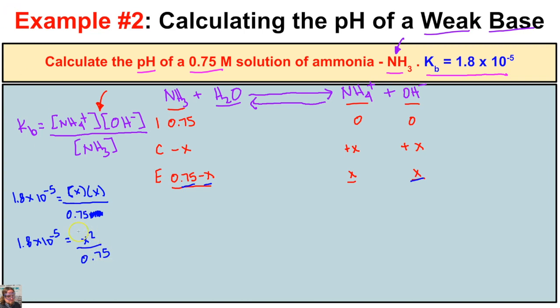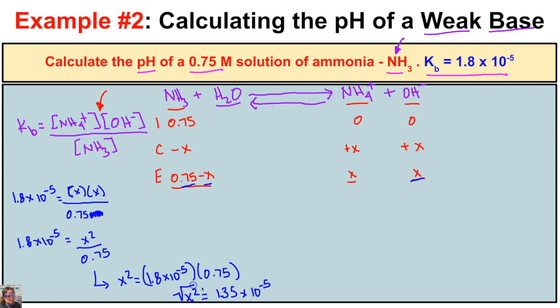If we cross multiply now, we're going to end up with X squared equaling 1.8 times 10 to the negative fifth times 0.75. And when we put this in our calculator, we get X squared equaling 1.35 times 10 to the negative fifth.